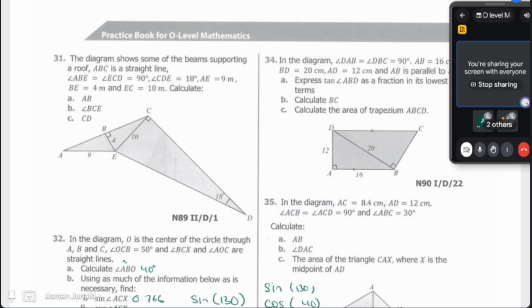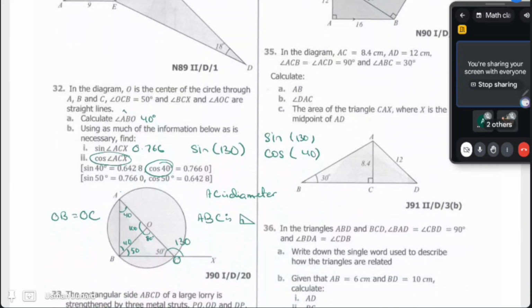अगर हम देखें second question, cos ACX is cos 130. So what value would you use?